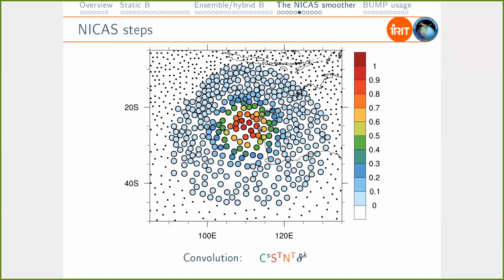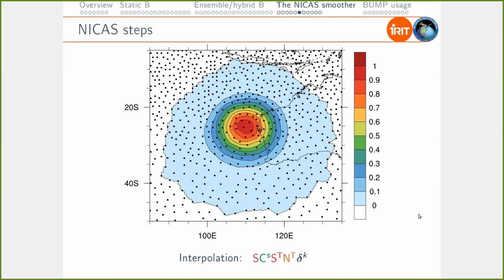Then we apply the convolution CS, the convolution over the subgrid. So we start to see the final convolution function. Finally, we interpolate over the model grid, and we apply the normalization operator so that we have a perfectly normalized function at the end.